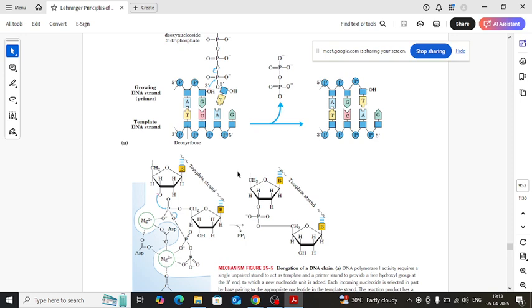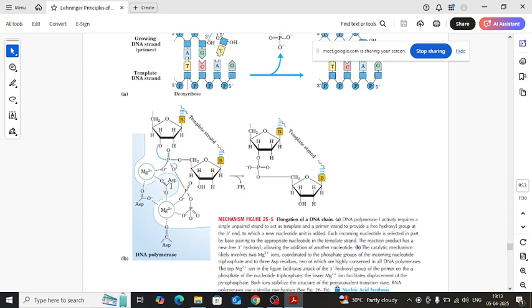So basically, what is happening here is that this DNA polymerase has aspartate in the active site, and it also needs Mg2+ ion as the cofactor, right? The nucleotides have a phosphate group. This aspartate also has a negative charge, and this phosphate group will also have a negative charge.